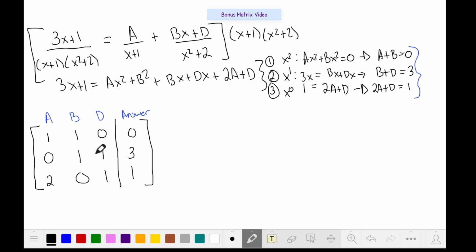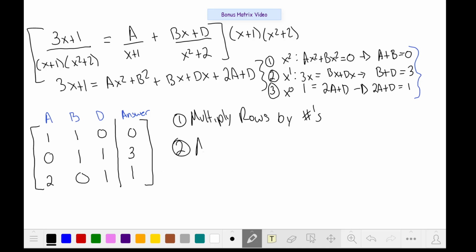So the things that we're allowed to do are, one, we can multiply rows. In other words, if I took equation number 1 and multiplied both sides by the number 2, the equation would still be true. So I could take an entire row and multiply it by a number. Now, the same way that I could take an equation and add it to another equation, we can do the same thing with rows.